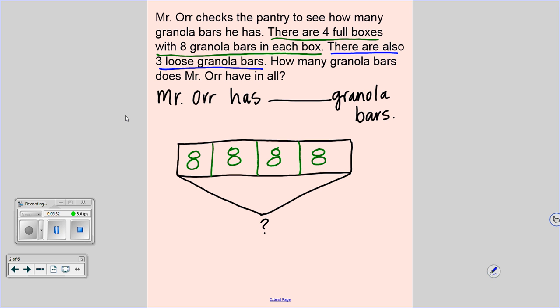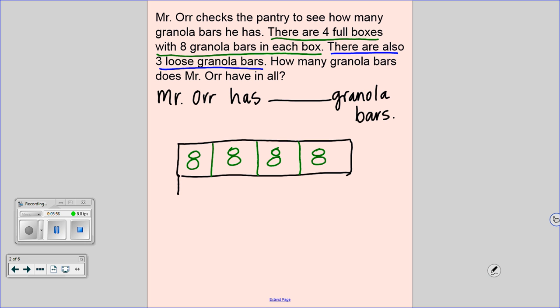Alright, here's where I'm going to do something different. Before, we've been using this carrot shape to represent our total. I could do that. That would be fine. But I'm going to show you another way you could show the total.